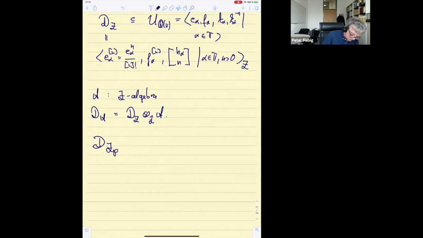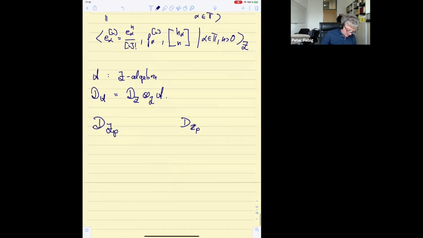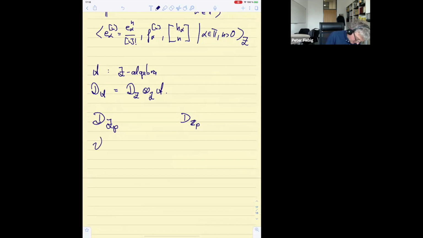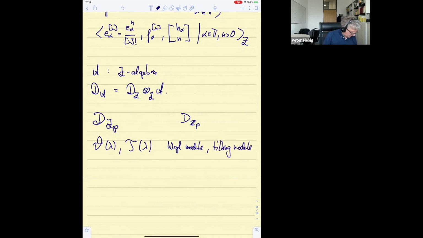This is the quantum replacement of the algebra that we had before, and you can define V lambda and T lambda. I write everything curly if it's a quantum. So the Weyl module and the tilting module, for any lambda in X plus.